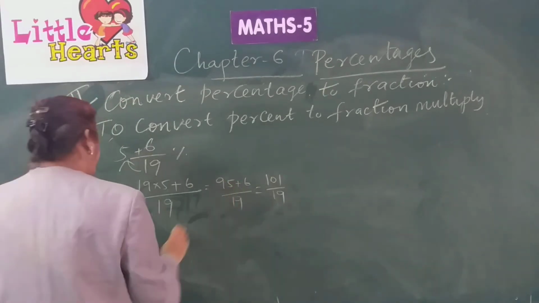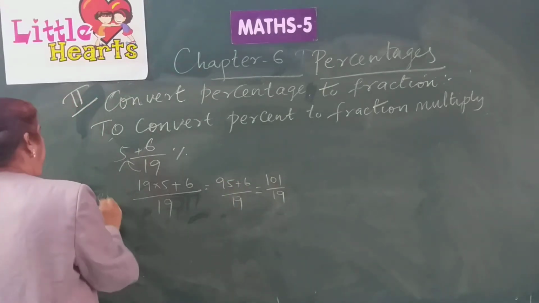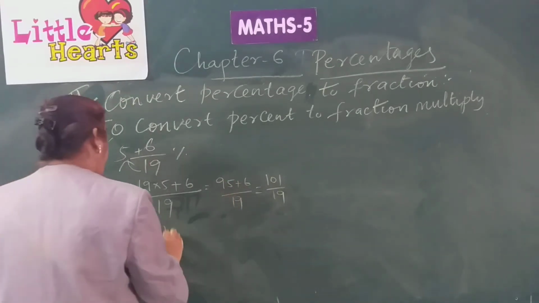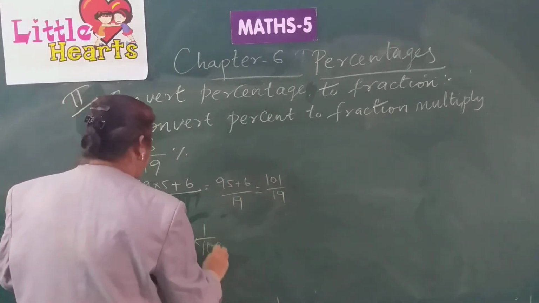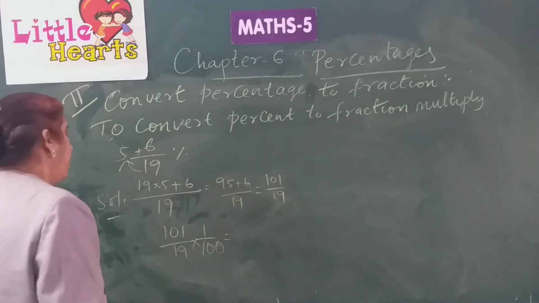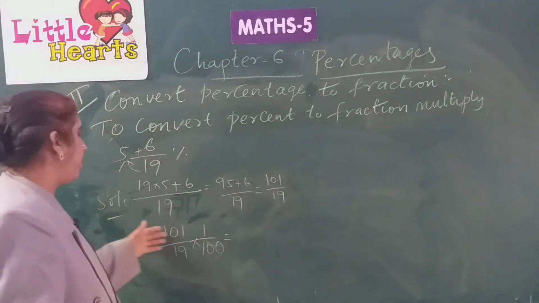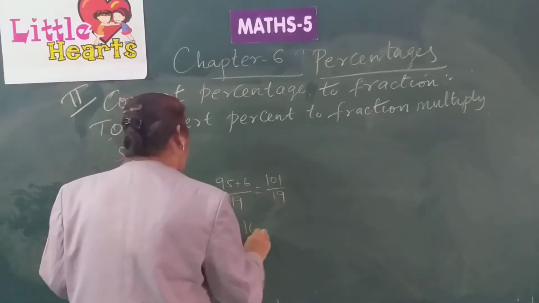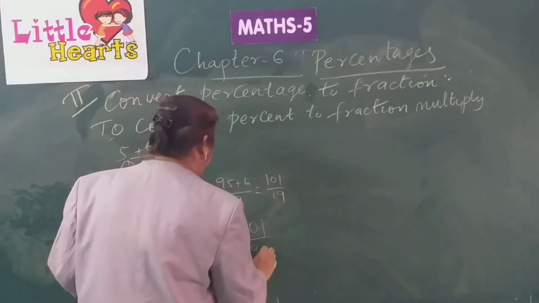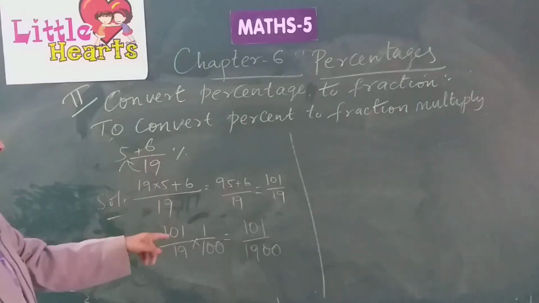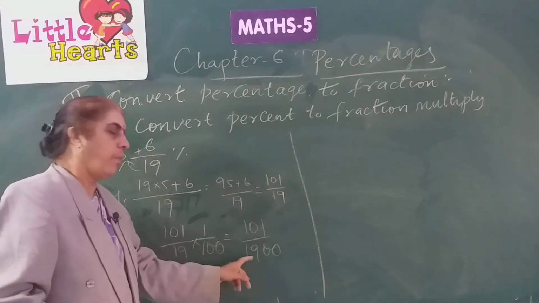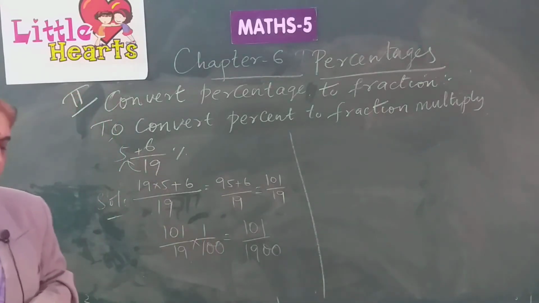To change this into a fraction, 101 by 19 into 1 by 100. It cannot be further cancelled. So 101 by 1900 is the fraction for this. 5 6 by 19% is equal to 101 by 1900.